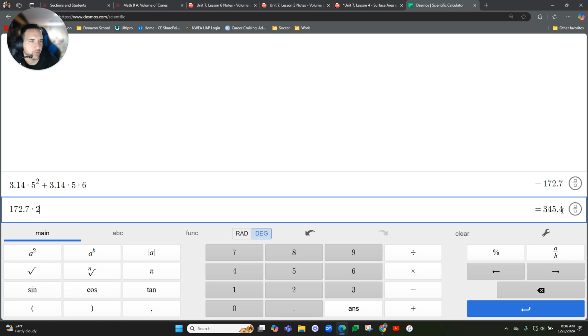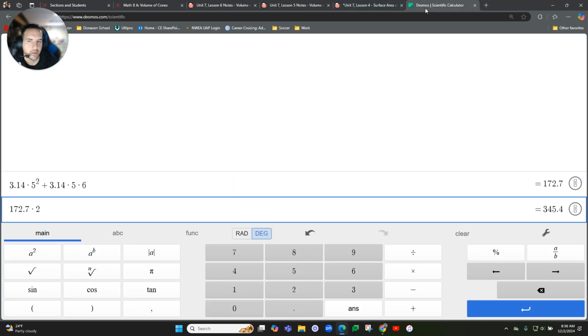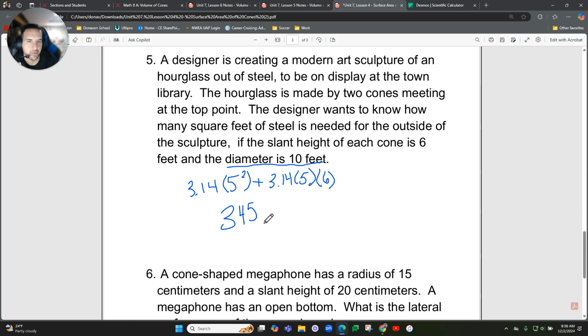So 345.4 is our answer. Because again, there were 2 cones that made up that sculpture. Okay, so 345.4, and then this was feet squared, or square feet.